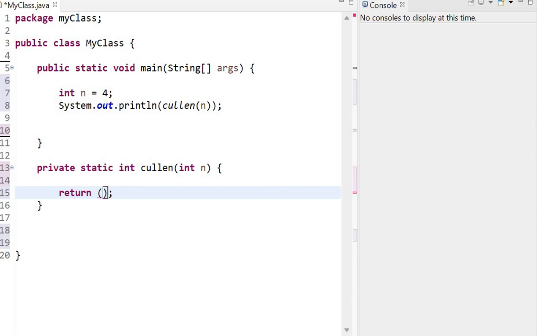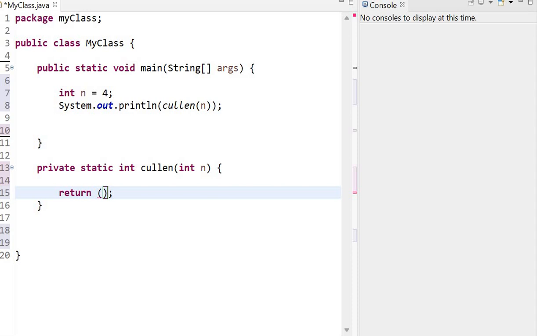Now because I have to write 2 raised to power n, what will I be doing? We will use the bitwise left shift operator to find 2 raised to power n, and then we will multiply the result with n and finally return the value.